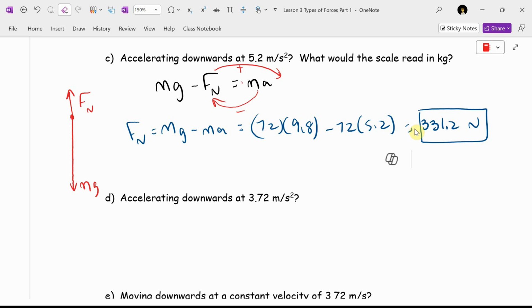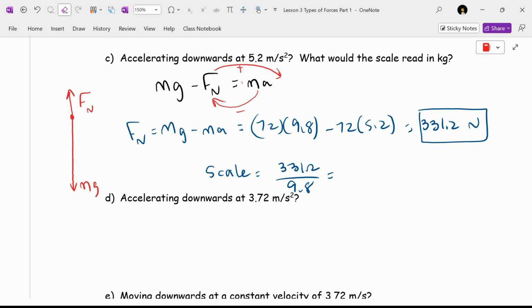Because mg is what we did to get fake gravity, divide by 9.8 to get fake mass. So can all of you go answer button divided by 9.8? We can say this, scale equals 331.2 divided by 9.8. What'd you get?